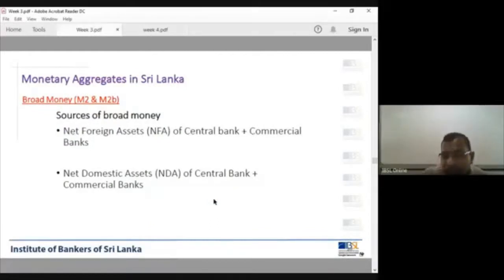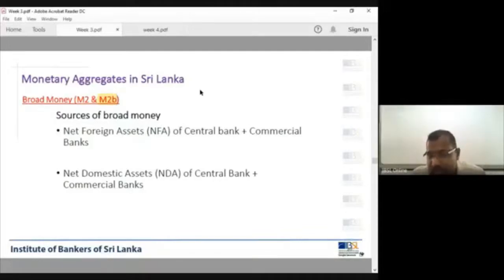Then this broad money, M2 or M2B, I'm mainly talking about M2B because that's the main important variable. I told you in the reserve money case, we saw money is created through operations in the economy. Central banks' operations in the economy will create money.